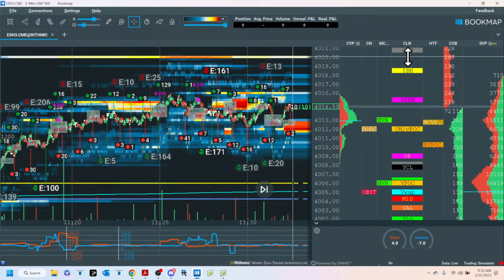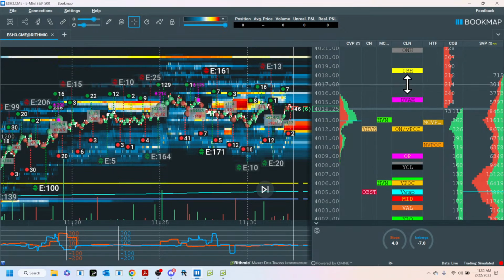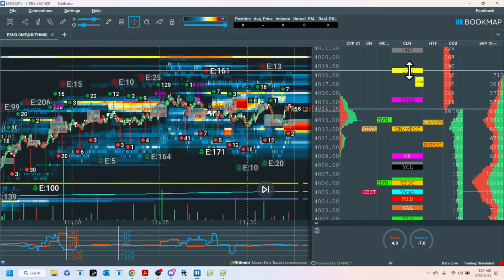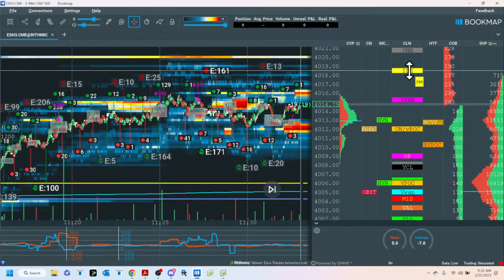Stops here. Now here's the other piece for you guys. If we take out the high of the day, let me get you a statistic. You might find this interesting. I'm looking for a statistic on the probabilities of taking out both the overnight high and overnight low.